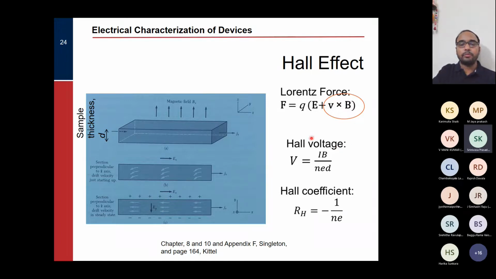The Hall voltage will be proportional to the magnetic field. So the higher the magnetic field, the higher the voltage we measure, and we can measure the Hall coefficient. That sign will tell me the type of majority carrier in this particular material.